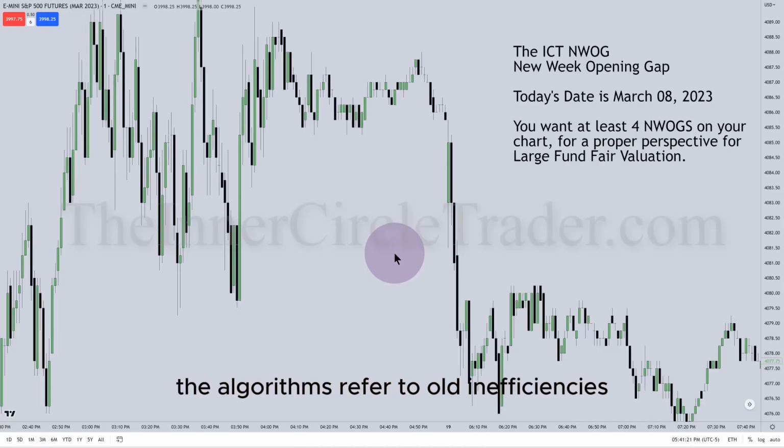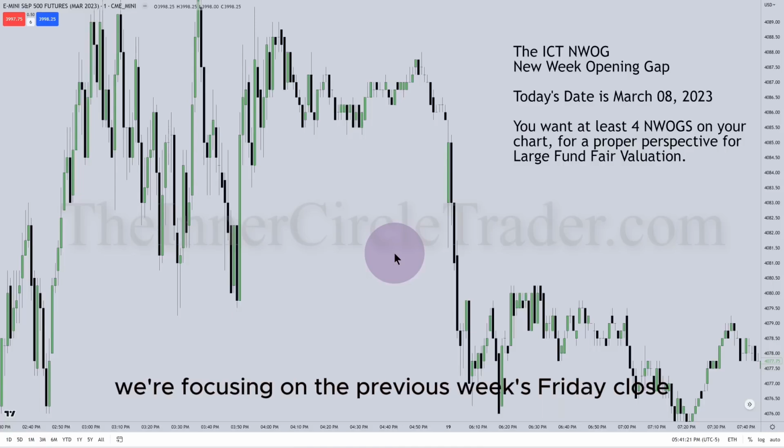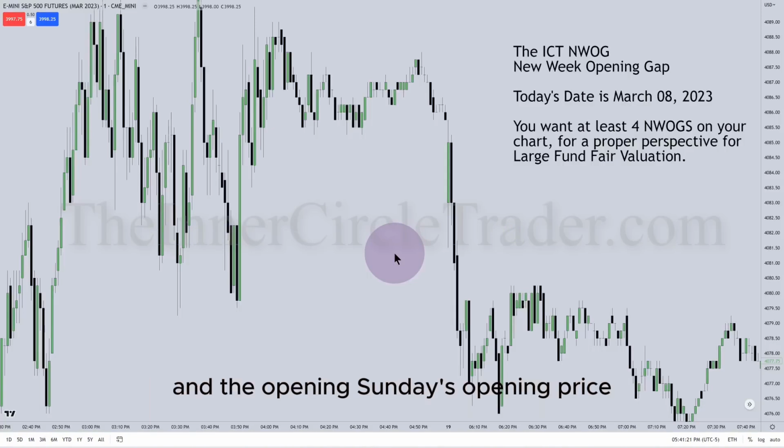The algorithms refer to old inefficiencies and old liquidity voids. Now, a real liquidity void is an absence of any buying and selling. There's no printed data between two specific price points. In this case, we're focusing on the previous week's Friday close and the opening, Sunday's opening price.